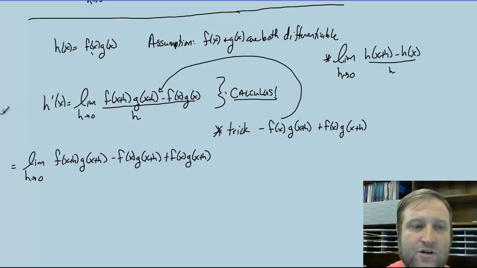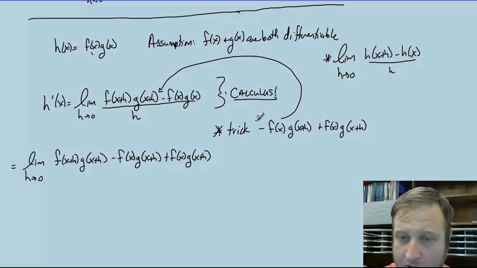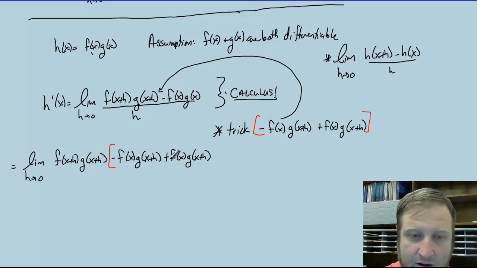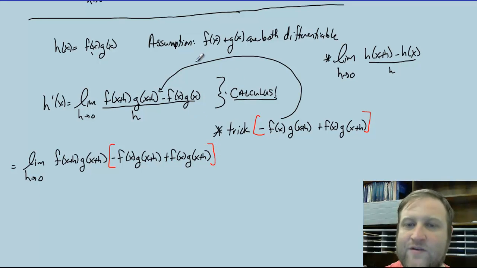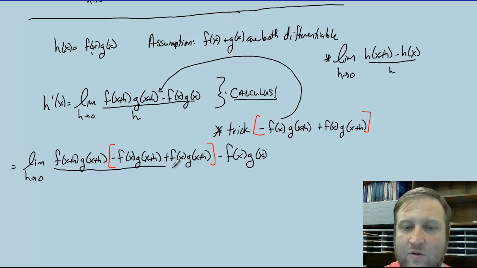So we've just placed this into the top. Notice this is still equal to a value of 0, so we haven't done anything to this at all, and we still have to subtract f of x, g of x from the original portion. And notice we still have to divide this whole thing by a value of h.